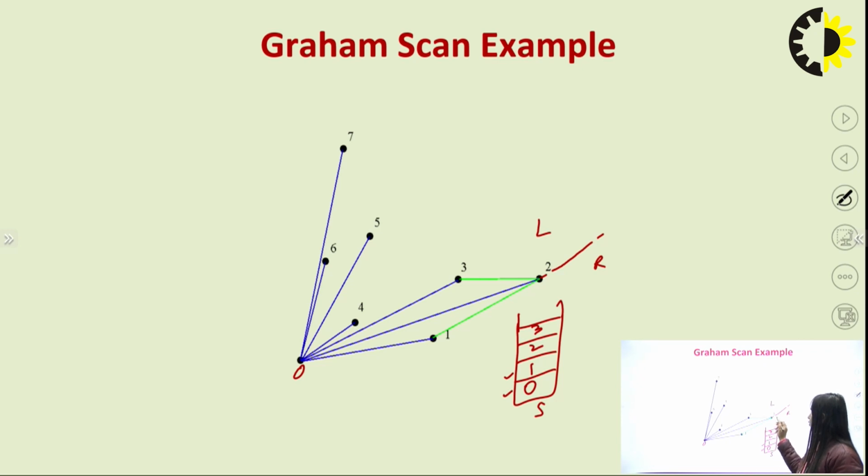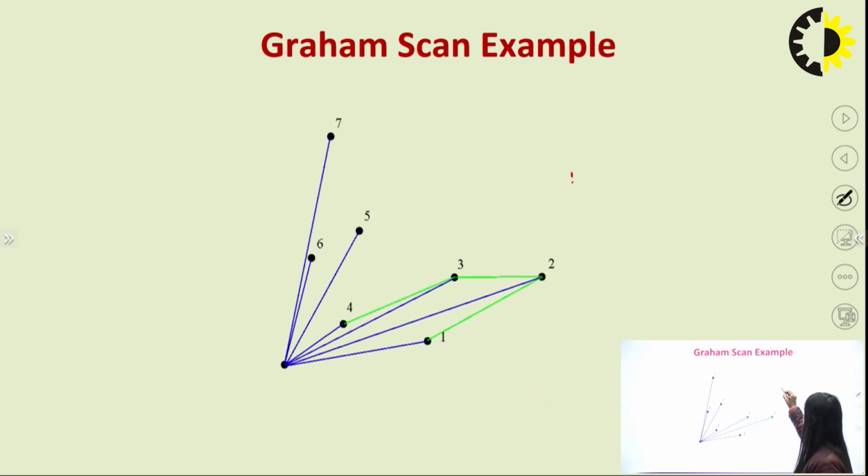Okay, now when I am at the point 2, I extend this point and try to find out the left side point, which is 3. This lies into the left side, third point. So I entered this point. Now my top of stack is 3, right? Now next, when I go counterclockwise, next point is the 4th point.